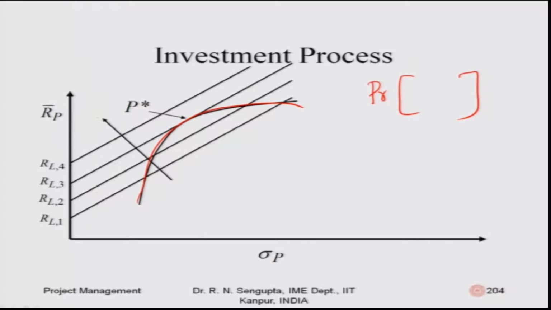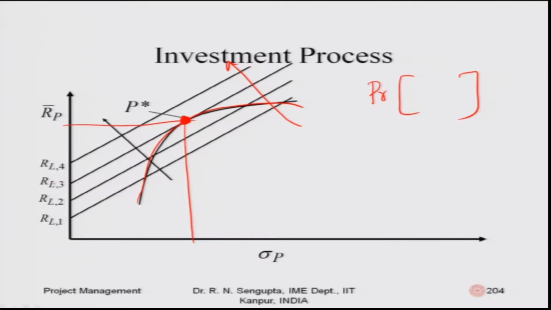This is the arrow which gives the parallel movement. The moment it forms a tangent at a certain point on the overall efficient portfolio, that value would give me the best combination of RP and sigma p such that this RL is the maximum value based on which I am able to attain that particular set of project portfolios.